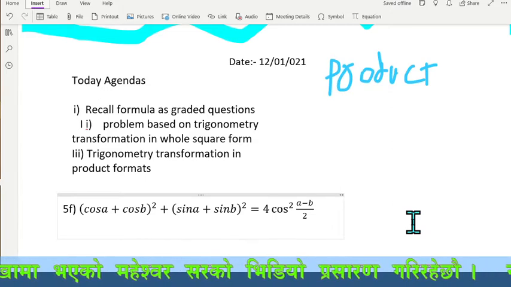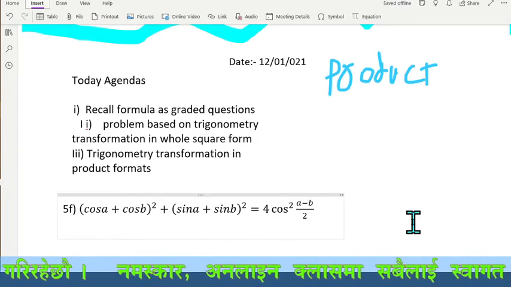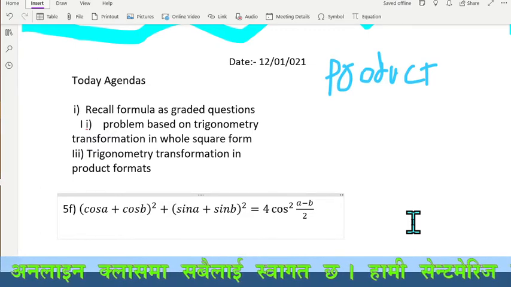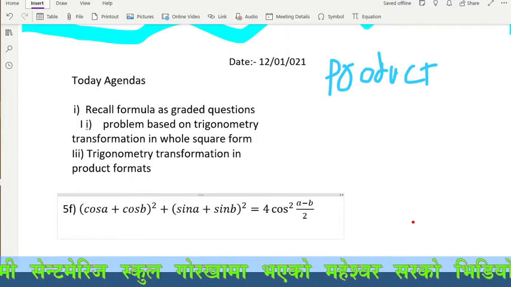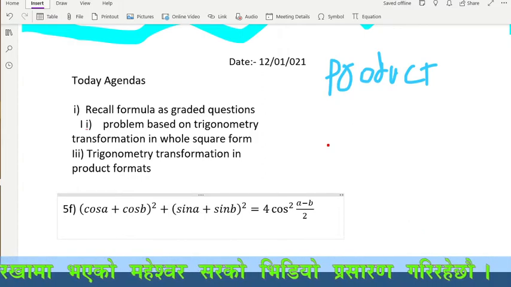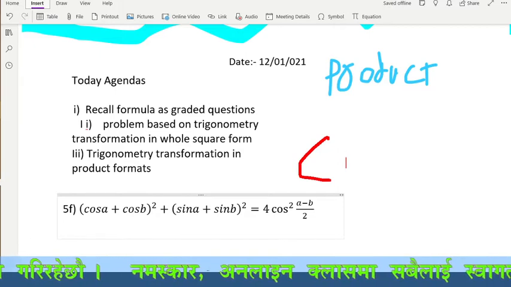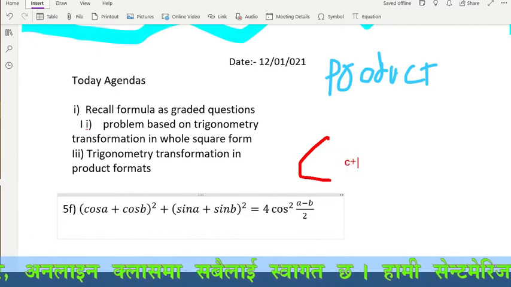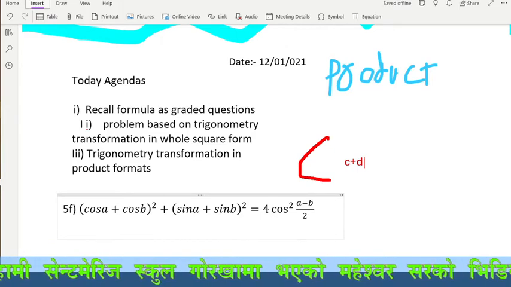So here, if we are getting a plus whole square or minus whole square, what is the step to solve here? First step, we'll apply the C and D formula, the C plus minus D formula.